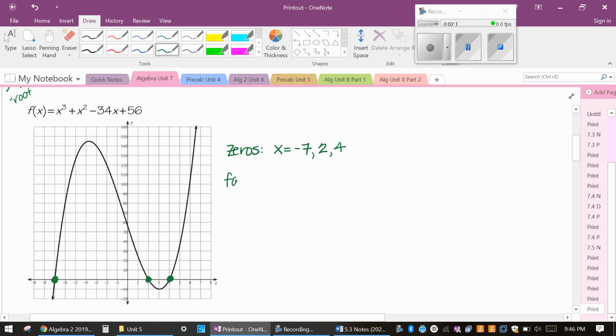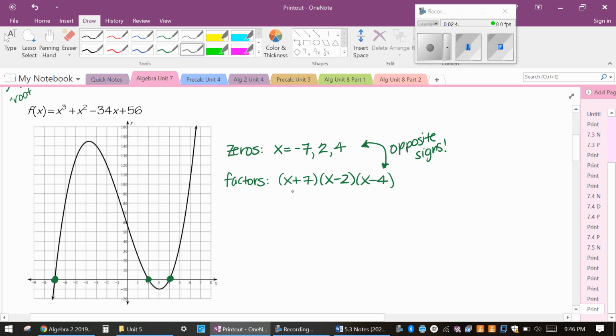As factors, those would appear as x plus 7, x minus 2, and x minus 4. So notice that these two have opposite signs. Zeros and factors have opposite signs.